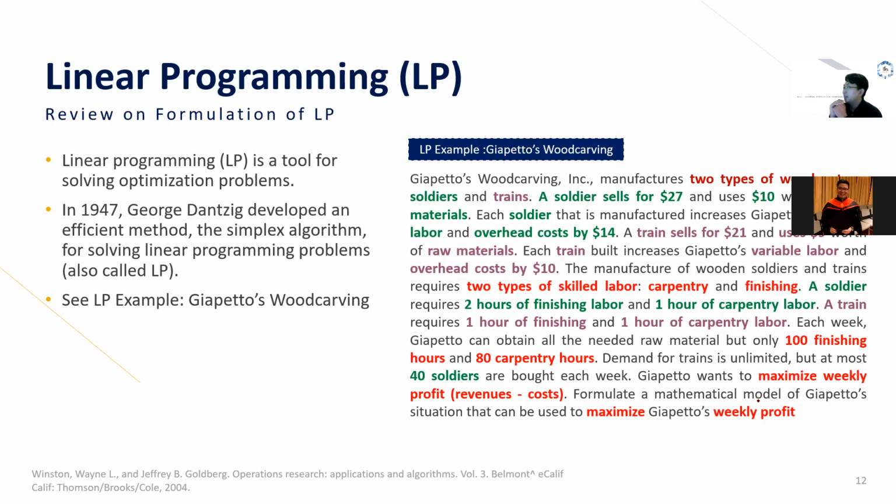And each soldier that is manufactured increases the variable labor cost and overhead cost by $14. Okay, so we have two types of costs. First, for the raw materials. Second, for the variable cost related to labor and overhead. Okay, and the same consideration for trains. It sells for $21. Maybe I need to mark it here.